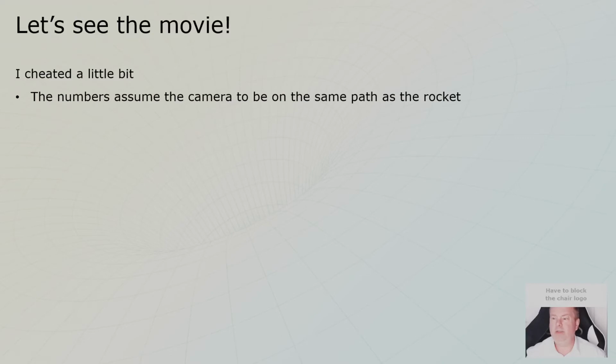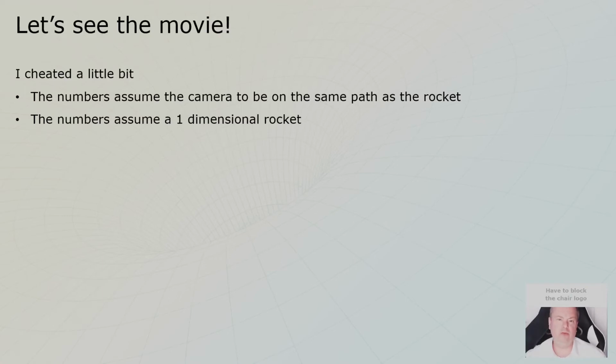I cheated a little bit. In this case, for the true professionals that are watching, I ignored all the Lampa, Penrose, Terrell rotational effects going on. I just focused on the stuff happening in the direction of motion. I did this assuming the calculations are based on a one-dimensional rocket.